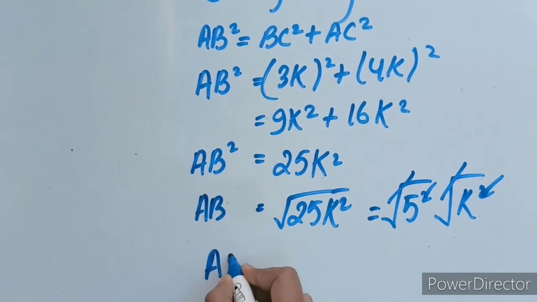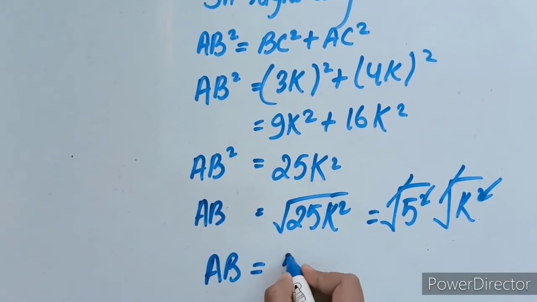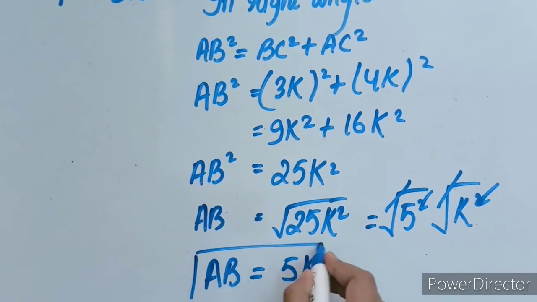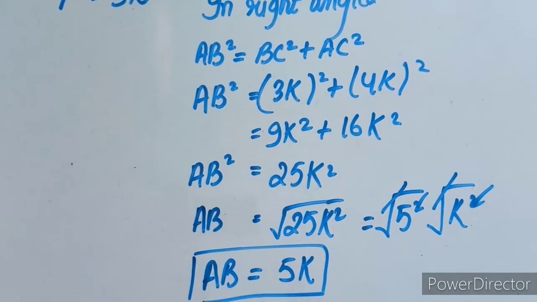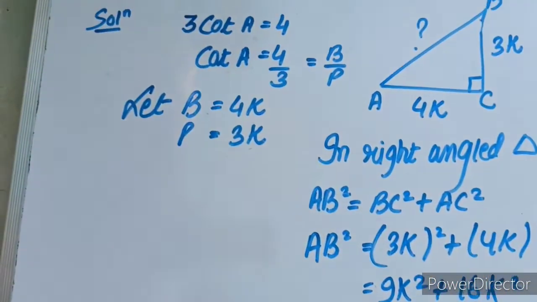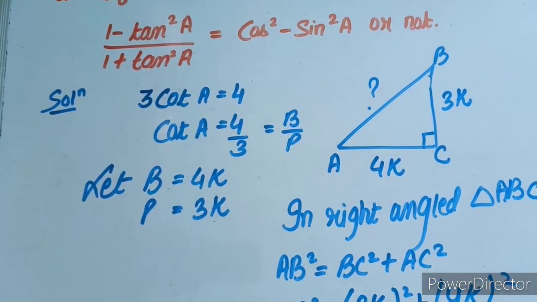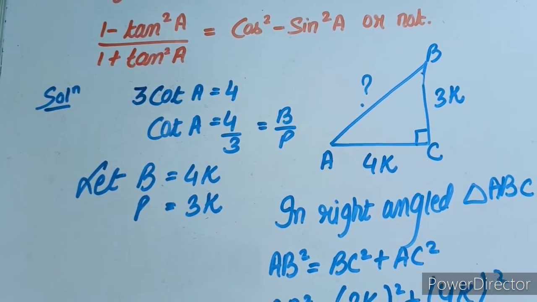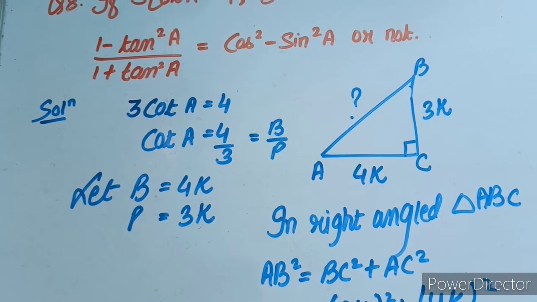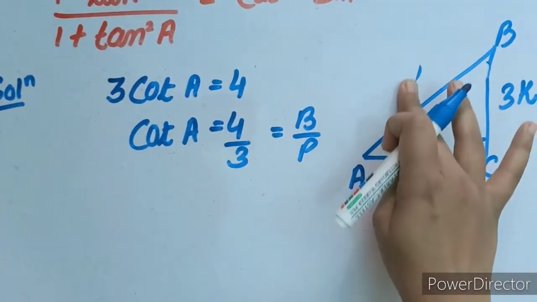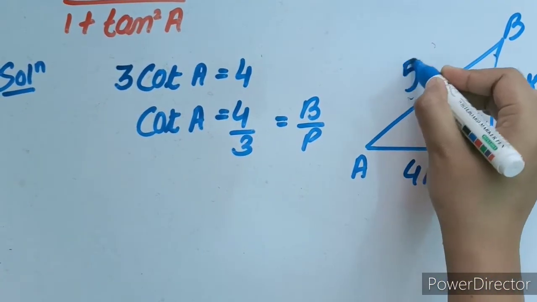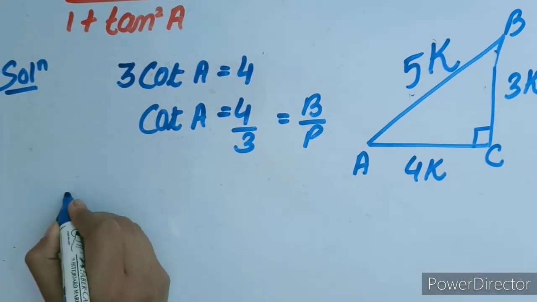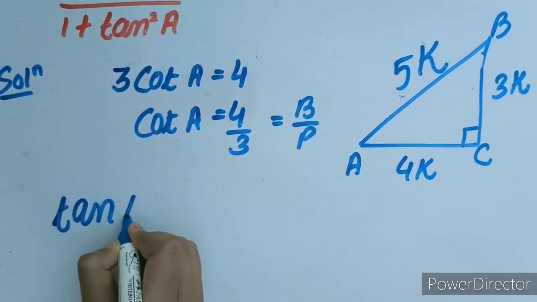So here we get AB is equal to 5k. So the value of AB is 5k. Now we have to find out the value of tan. Before that I am mentioning over here that it is 5k. Now what we have to find out is tan A.